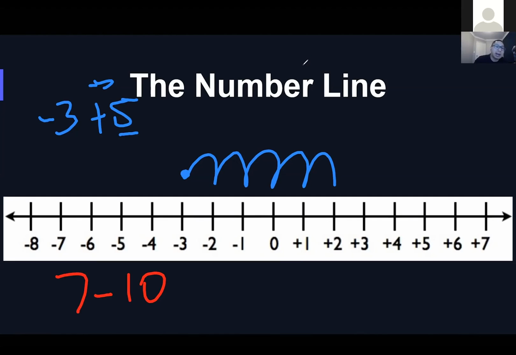We start at the 7, and the negative tells you to move left, right? So plus tells you to go right, adding, taking away tells you to go down the number line, getting smaller, so go to the left. So I go left 10 times. So I'll go 1, 2, 3, 4, 5, 6, 7, 8, 9, 10, and I end up at -3.